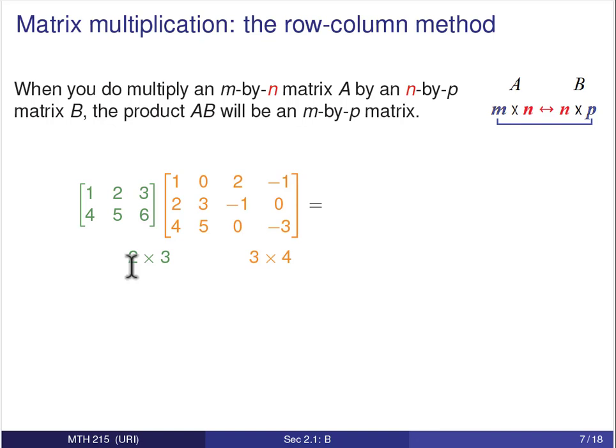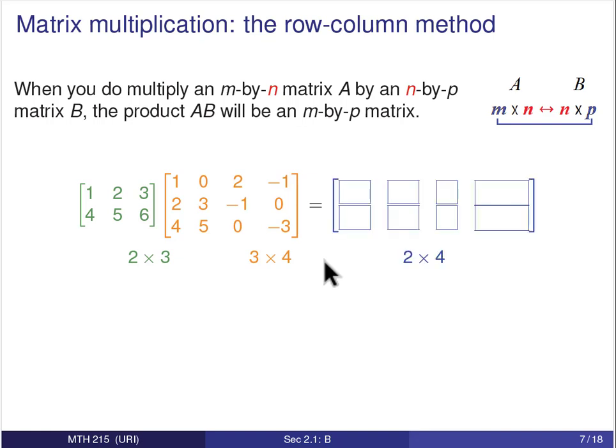So our answer should be a 2 by 4 matrix. It should have 2 rows and 4 columns, so it should look something like this. We need to fill in the blanks for these 8 entries, but they should be arranged in that format for a matrix. This is important to identify right at the very beginning: you need to start off knowing what the dimensions of your answer should look like.